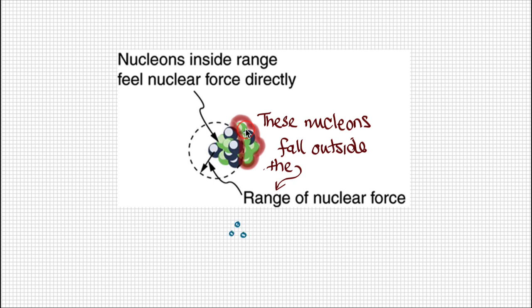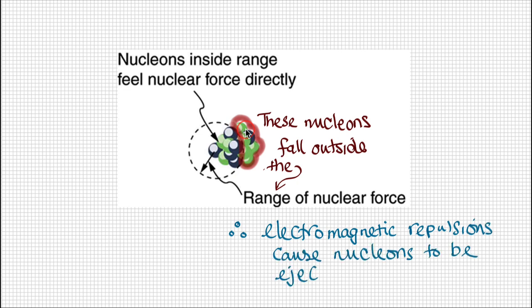As a consequence we say that the electromagnetic repulsions can actually cause the nucleons to be ejected. This actually happens in the form of things like alpha particles. We'll talk more about these when we look at radioactive decay.